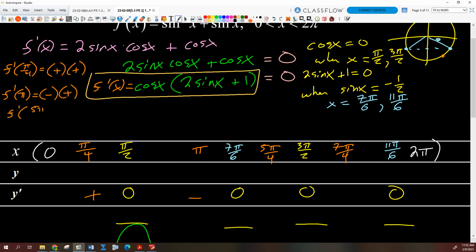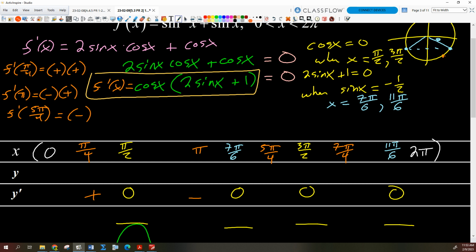F prime of 5/4 pi. So that's quadrant 3. In quadrant 3, cosine is negative. Sine of 5/4 pi is negative square root of 2 over 2, agreed? Times 2 is just negative square root of 2. Negative square root of 2 plus 1 is overall what?